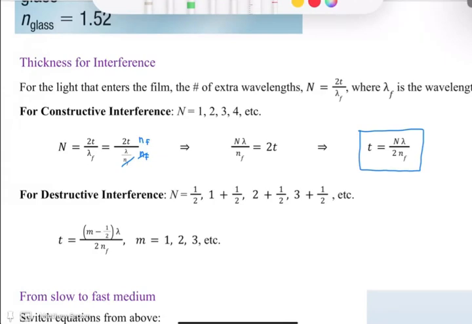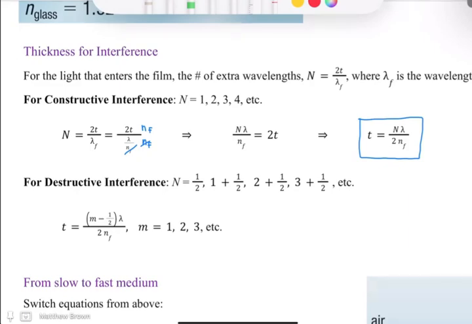For destructive interference, we just need n, which again represents the number of extra wavelengths that the light wave that's gone into the thin film has gone through. So that just needs to equal a half, or 1 plus a half, or 2 plus a half, 3, etc. And so all you have to do is replace the top of this thing here where we had lambda by a half lambda or 1 plus a half or whatever.